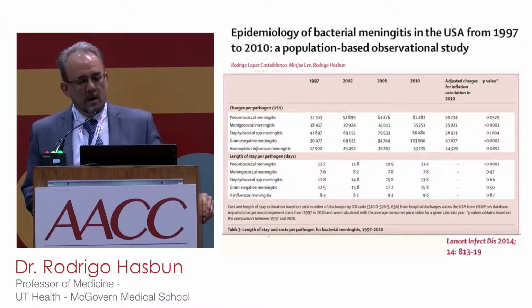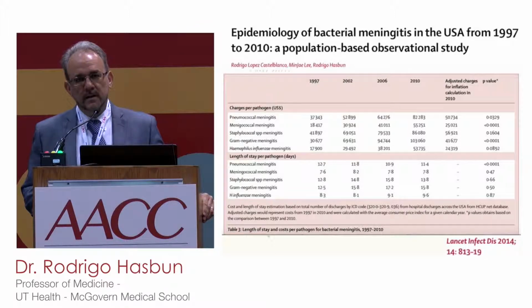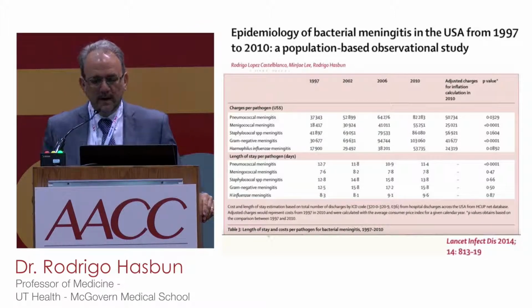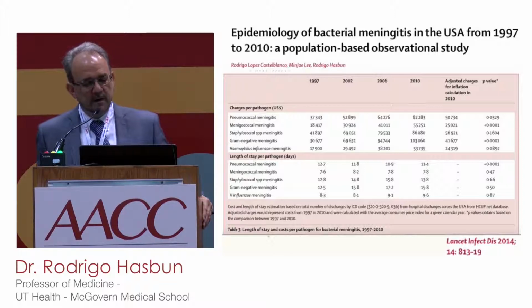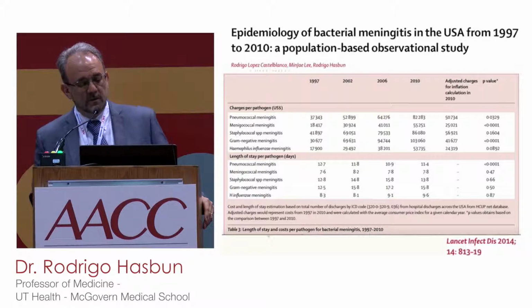If you look at costs of taking care of patients with bacterial meningitis, again, this is from our study looking at the trends. From 1997 to 2010, you can clearly see there's been an increase in cost. So pneumococcal meningitis cost $37,000 in 97, now it's $82,000.